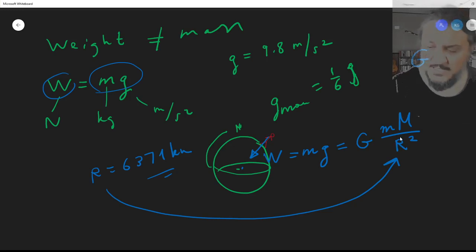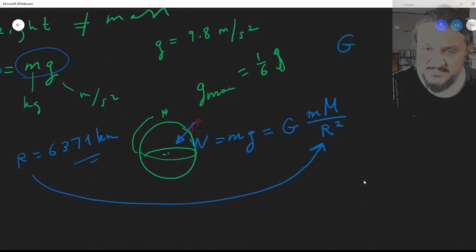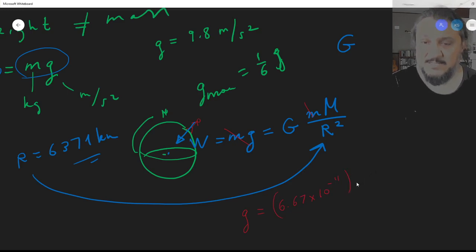So, if I do the math, something nice happens. That's the cancellation of M here. My mass doesn't matter, which is great, right? So little g can be written as capital G times M over R squared. Let's plug in the number now. 6.67 times 10 to the negative 11. I'm not writing the unit to save time and space.